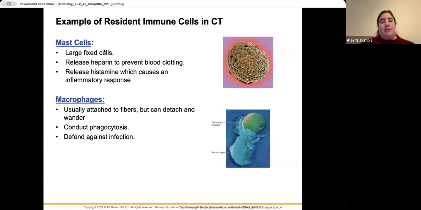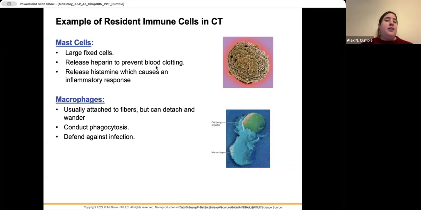We think of them as the fire alarm, something that's going to go off if there's something wrong with the tissue in case of injury or infection. They act as fire alarms because they release different substances to call the firefighters, which is the second cell type, into the area. The main things that mast cells release are heparin and histamine.